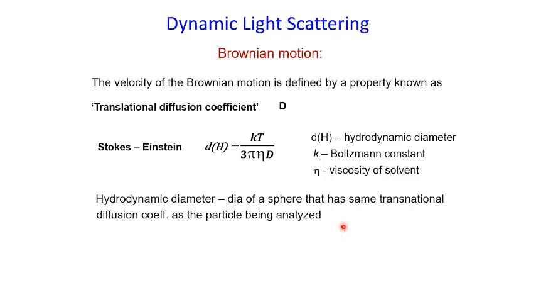So in order to understand how that is done, you need to first understand what is the effect of this Brownian motion as far as the scattering of light by the particles is concerned. So let us try and understand as to what will happen to these scattered light beams when the particles are in Brownian motion.